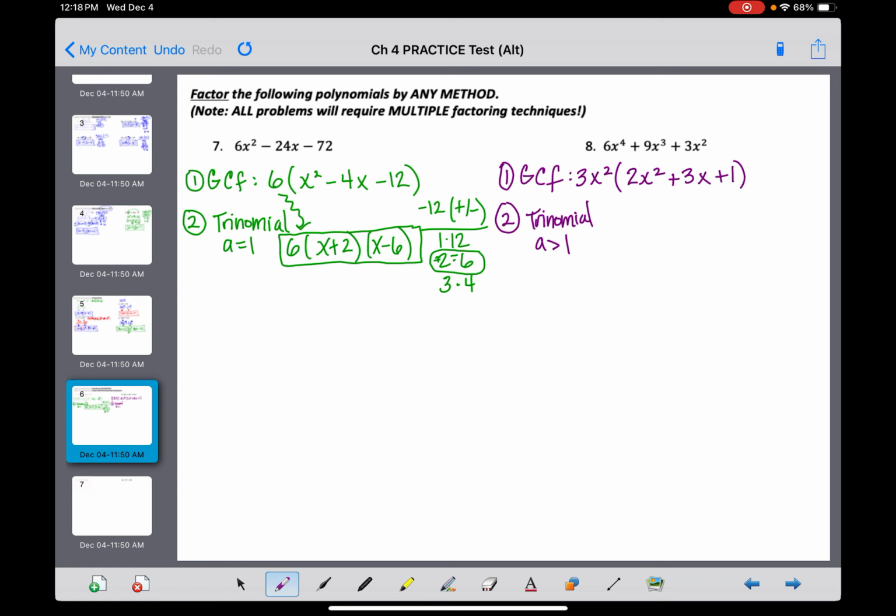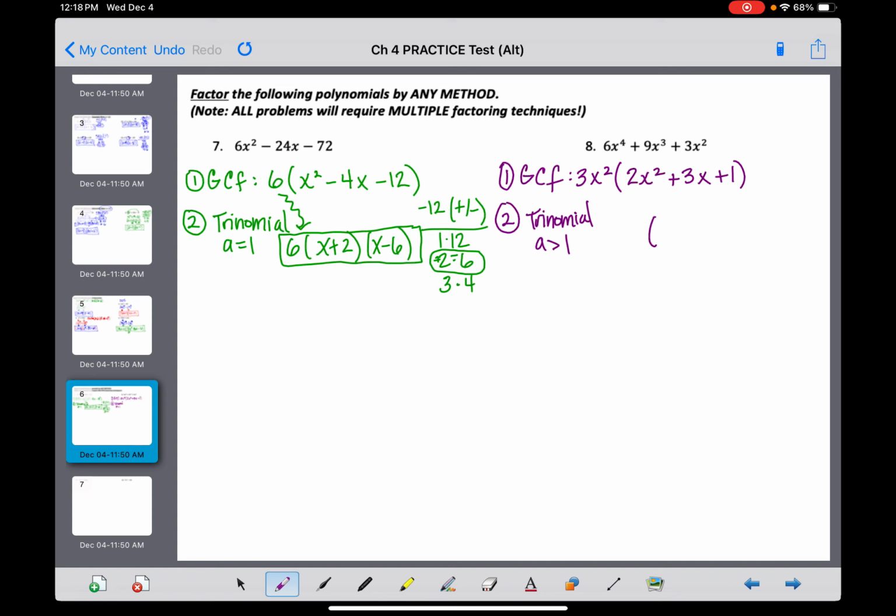And this one is actually an awesome guess and check problem because 2x squared has to be 2x and x, and the only way to make positive 1 is 1 and 1, and they have to have the same sign, so it's either positive 1, positive 1, or negative 1, negative 1. Well, if the middle term is positive, they're both going to be positives. So I kind of already figured it out.